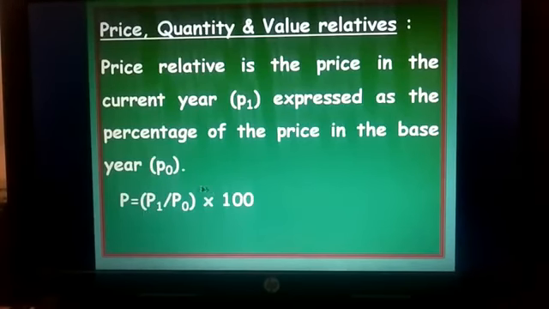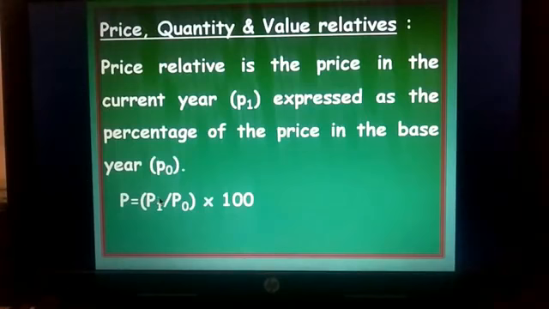This expression, what is being written as capital P is equal to P1 divided by P0 multiplied by 100, this itself will be called as price relative. Price relative and price index number are one and the same. Here, instead of P, we can write even P01 also.